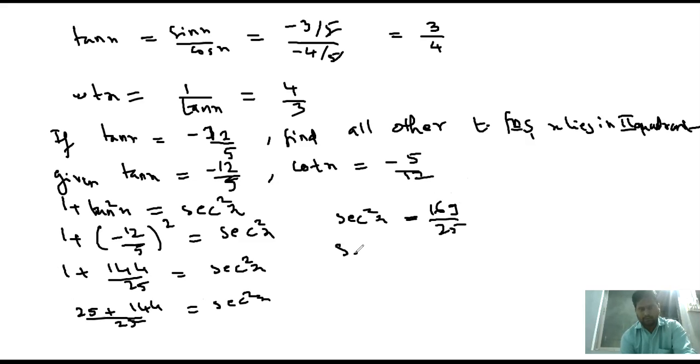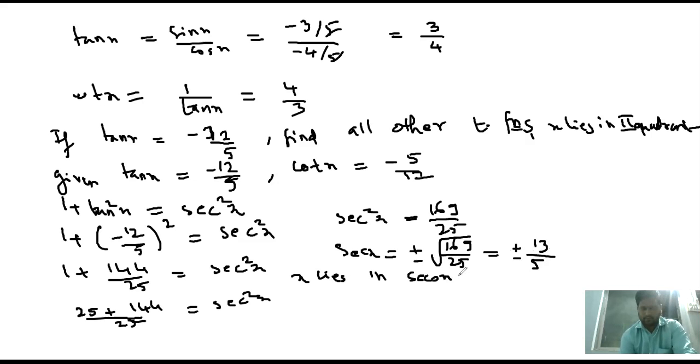And sec x is equal to plus or minus square root of 169 divided by 25, that is equal to plus or minus, root 169 is 13, over 5. You are given that x lies in the second quadrant.